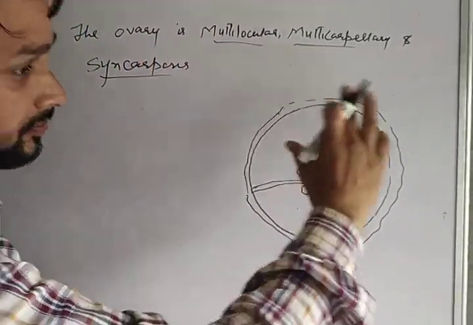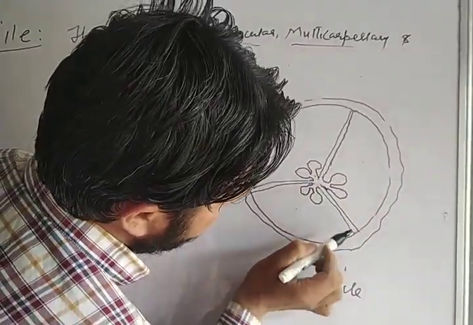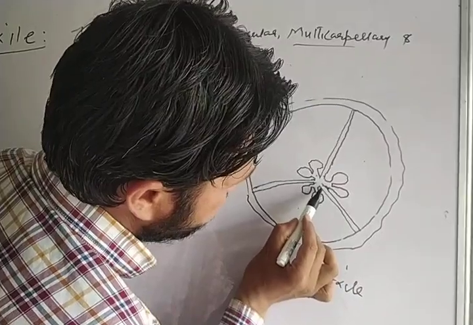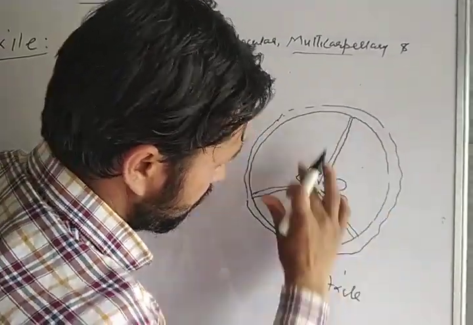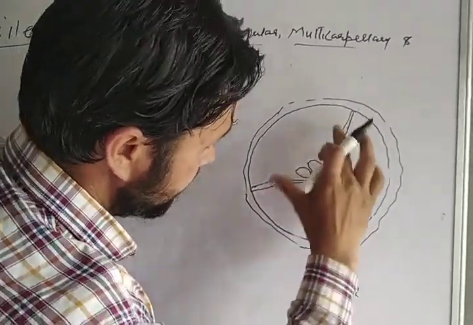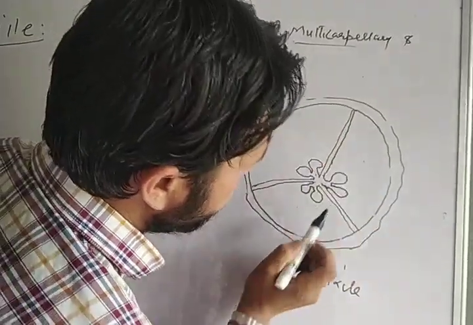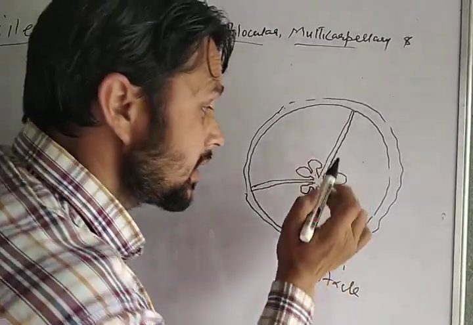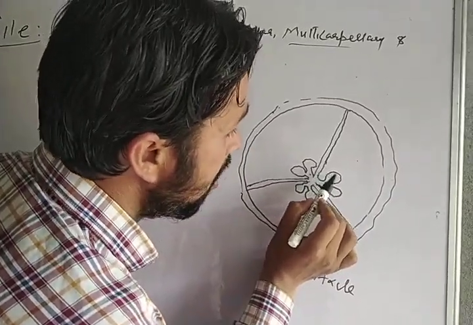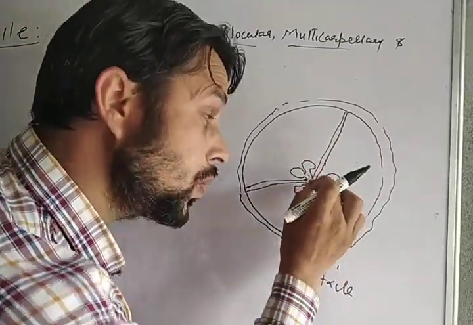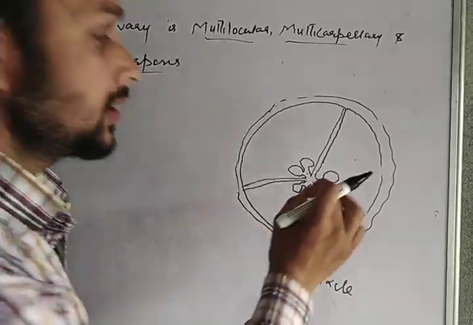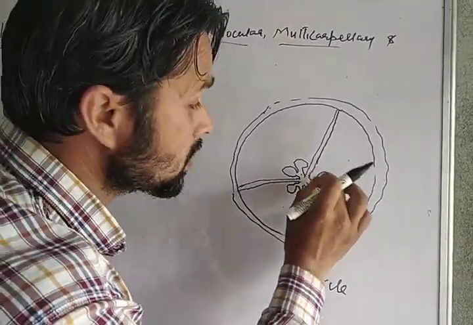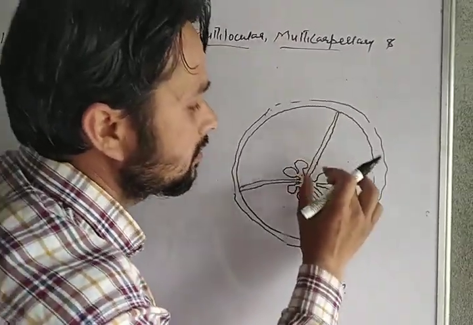Now the placental septa get developed. In this multilocular condition, septa get developed towards the inside, and the margins of carpels fuse at the center and form the placenta.